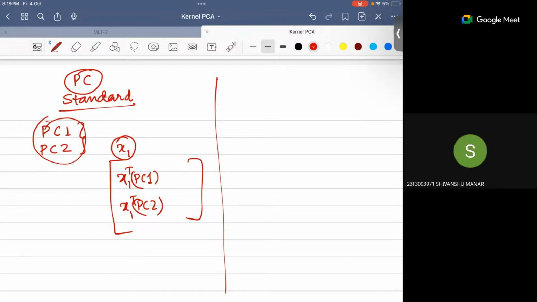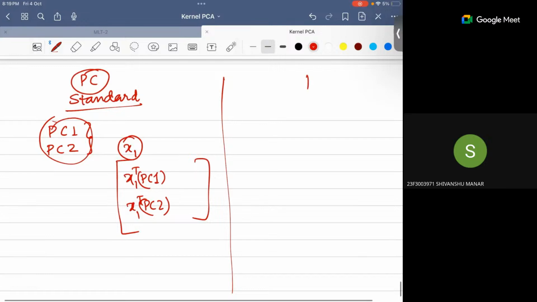Yes, sir. Okay. Now for our case, for the kernel matrix, you have the kernel matrix, correct? It is in the form of a dot product. That's fine.